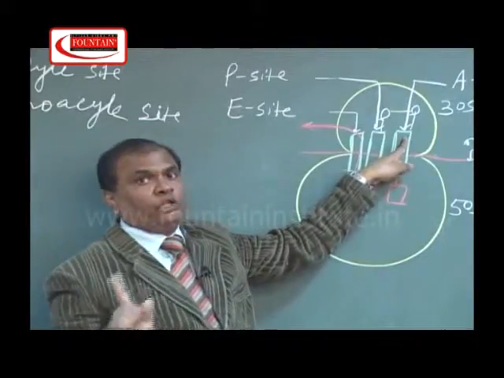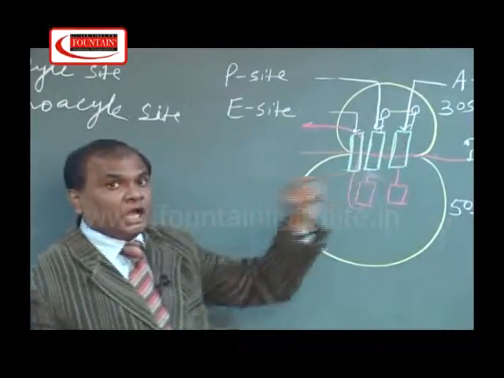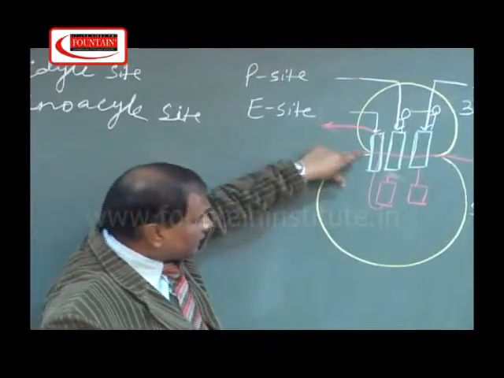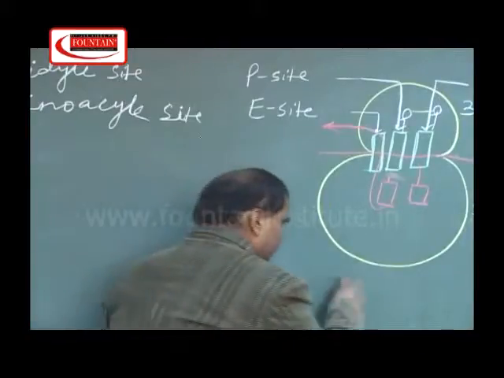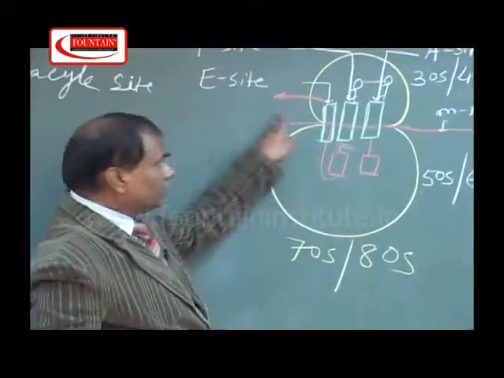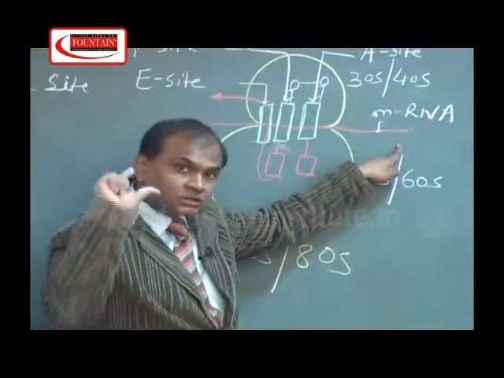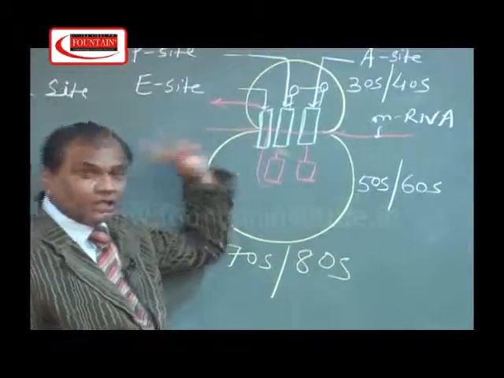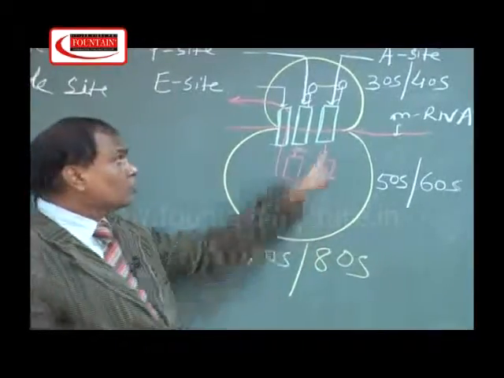Which tRNA will occupy the A site is decided by the mRNA, and during translation the mRNA never moves. The ribosome, either 70S or 80S, moves along this mRNA and reads the codon, and likewise charged tRNAs come and occupy the A site. This process continues until the termination codon occupies the A site.